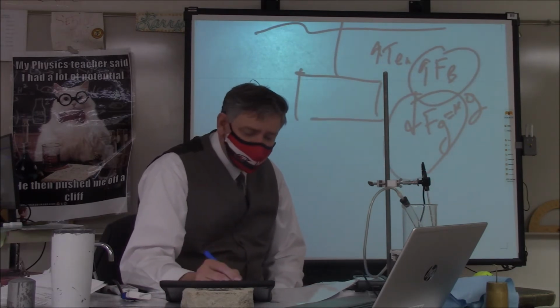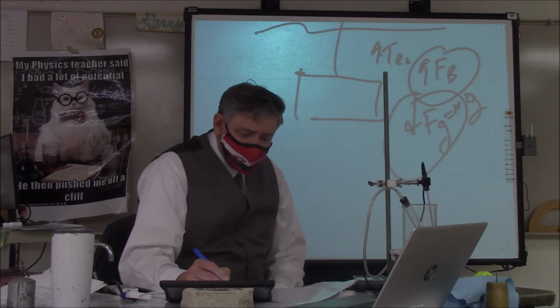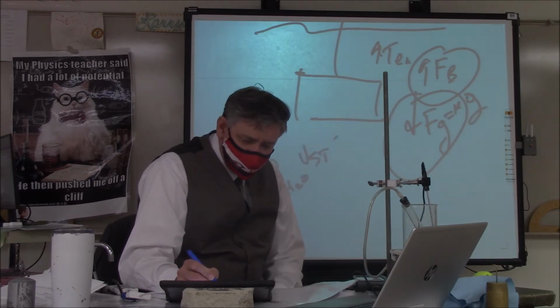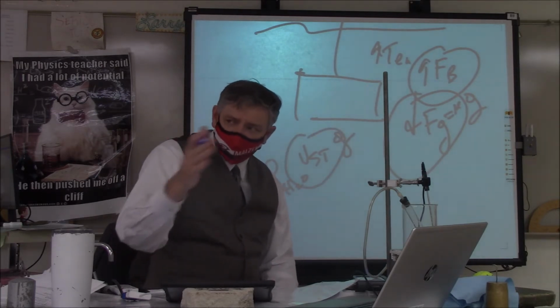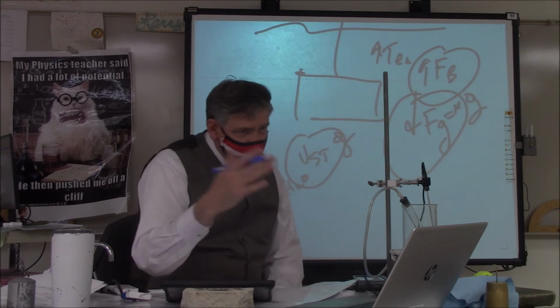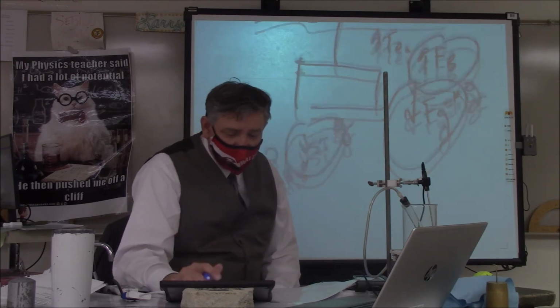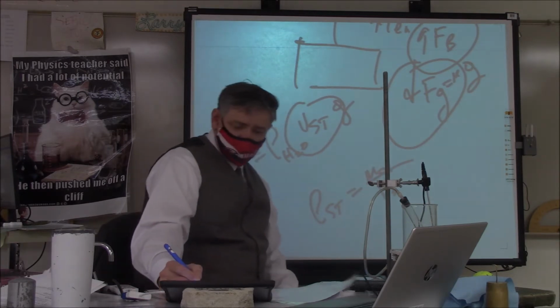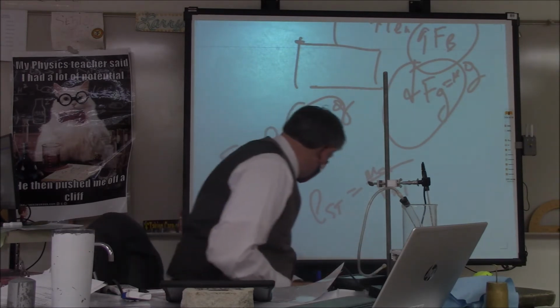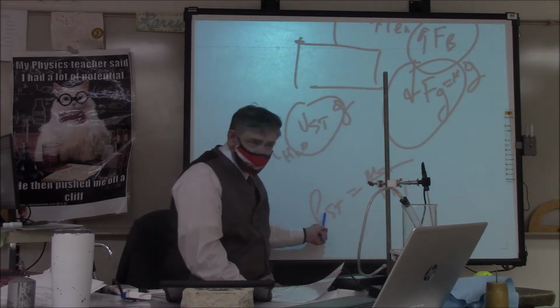Your buoyant force is going to be the density of the water times the volume of the steel times G. But here's the problem. You don't know the volume of the steel, but you know the mass of the steel. So you can go, the density of the steel is going to equal the mass of the steel divided by the volume of the steel. So you can go to your sheet, find the density of the steel.